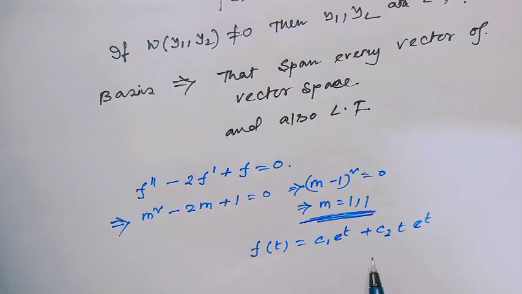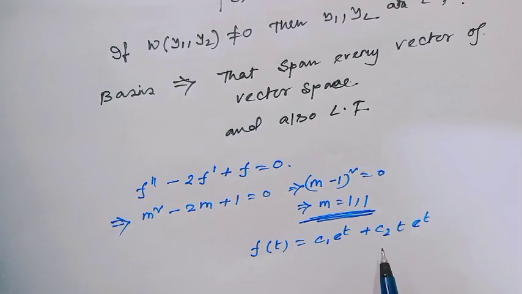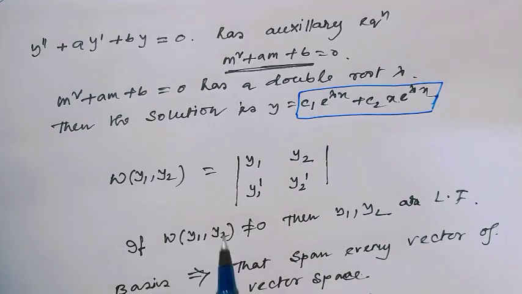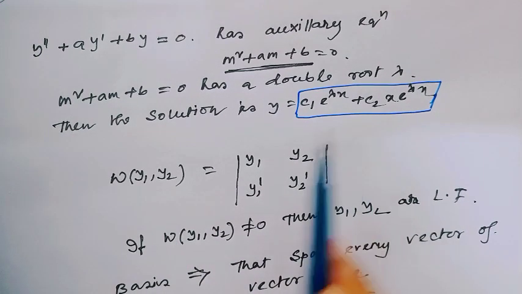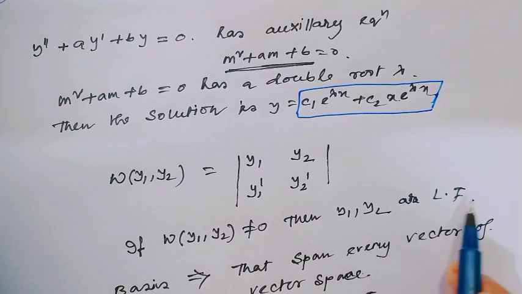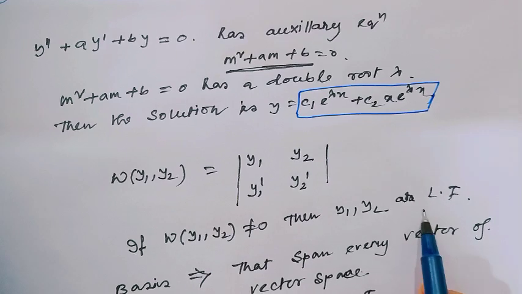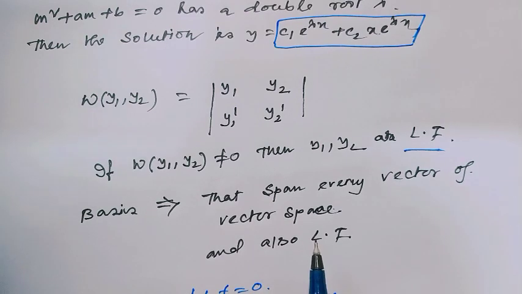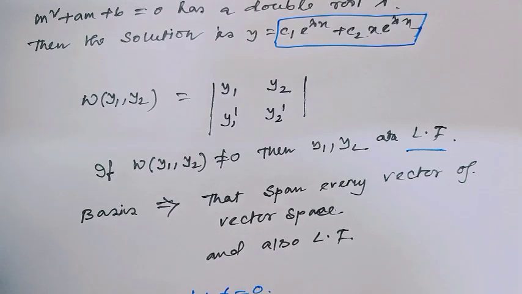Now we have to find whether the solution is a basis. In differential equations, we all know that when the Wronskian of these roots is not equal to 0, then these roots are linearly independent. And we all know a basis means that it spans every vector of the vector space and is also linearly independent.